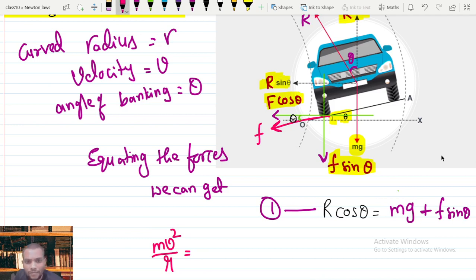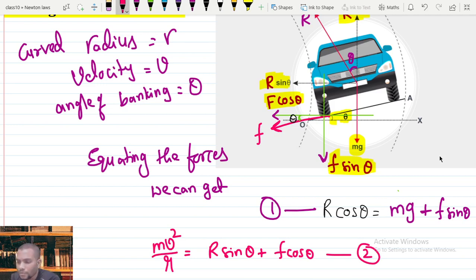So mv square by r equals R sin theta plus F cos theta. Let me call this equation 2. I hope you understand these two equations. So here the necessary centripetal force mv square by r equals one component of the normal reaction force, that is R sin theta, and another component of the friction force, that is F cos theta.